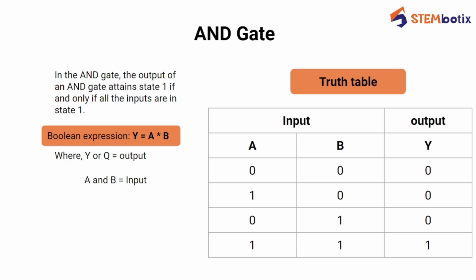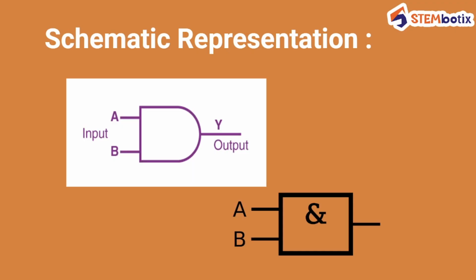Now let's talk about the AND gate. Similar to the OR gate, the AND gate will always have two or more inputs, with a minimum of two. This is how the AND gate looks in schematic representation. As you can see, this is the symbol for the AND gate.